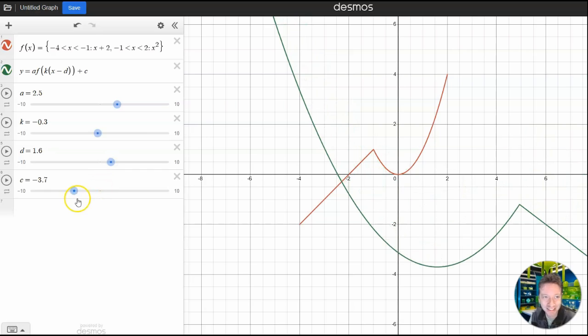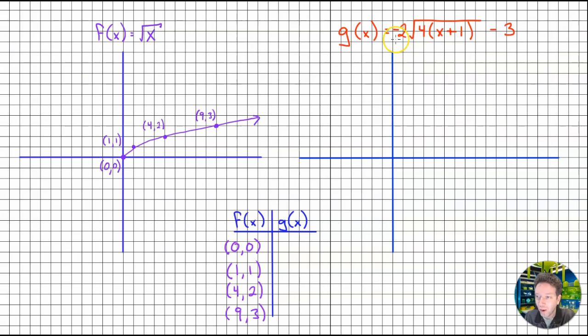Now that we know this, let's go back and tackle that problem we saw at the beginning of the video. So what kind of transformations do we then have with this function g of x from its parent function? Well, a couple of things. Notice our value for a is -2. So what did we have to do to a again? We had to multiply the y-coordinate.